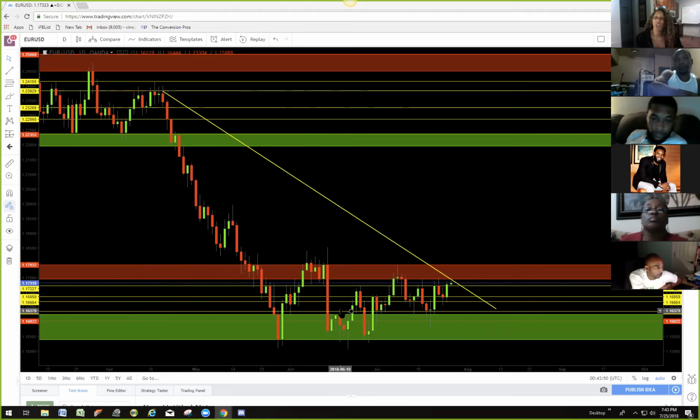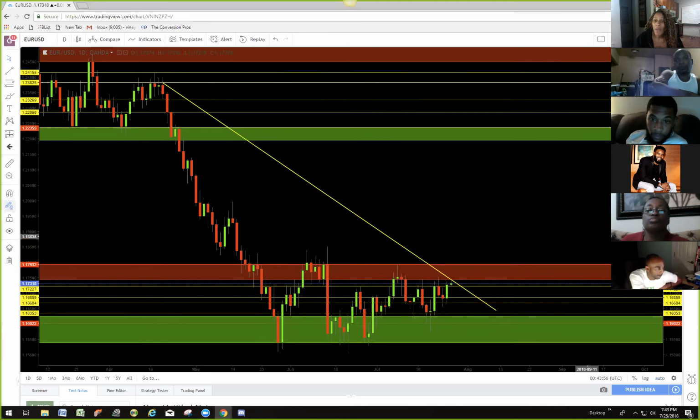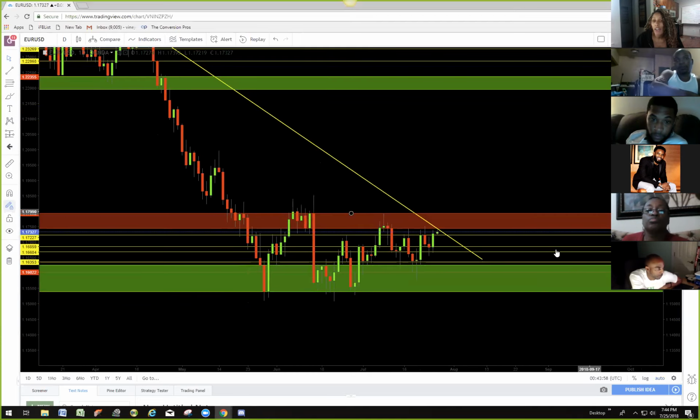It's two zones right there. But if we use our broader analysis, we know it's a downtrend. We know we're in the demand zone, and we can see this thing has already created a higher low. So if I had to make an assumptive guess, I wouldn't guess that this thing is getting ready to drop down any further.